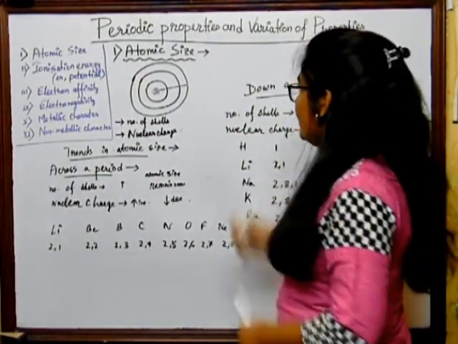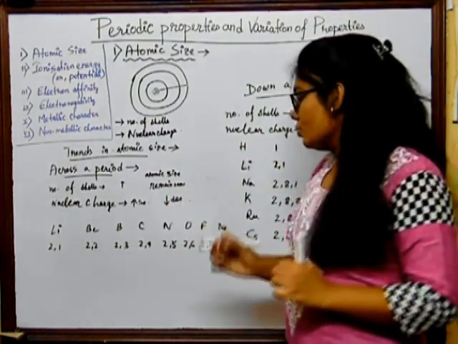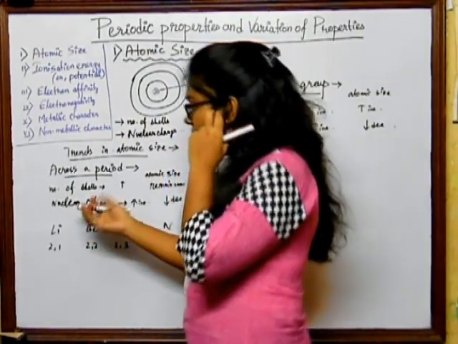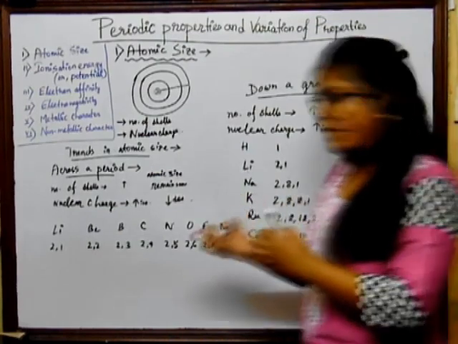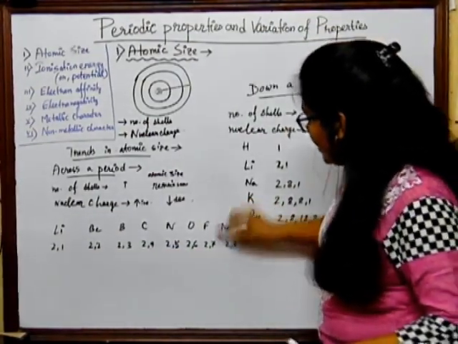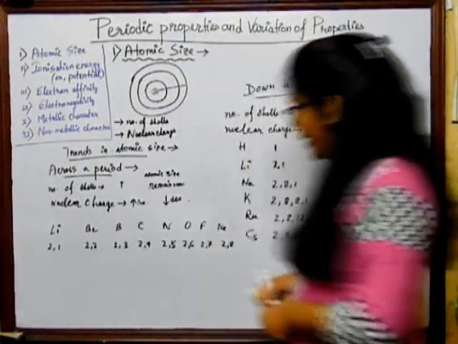So there will be electron repulsion, and the attraction of the nucleus will decrease. So here the atomic size will increase in the case of neon.